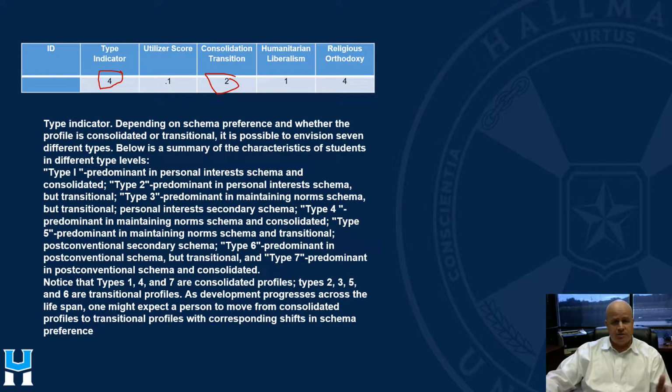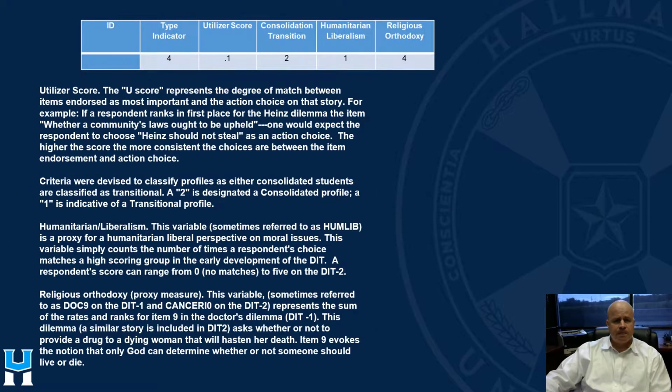It just means that you're there at the moment and you're not transitioning to another one. So you can see that there are actually 7 different types, as you can read through here, and this will tell you which one you are. This particular individual is predominantly maintaining norms and consolidated, which makes sense.